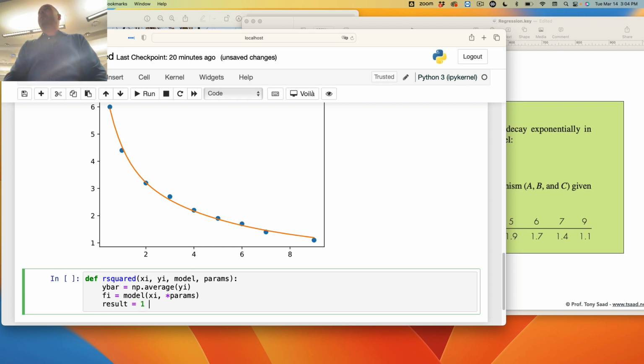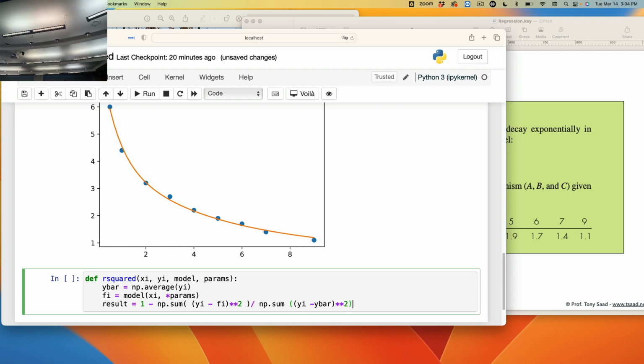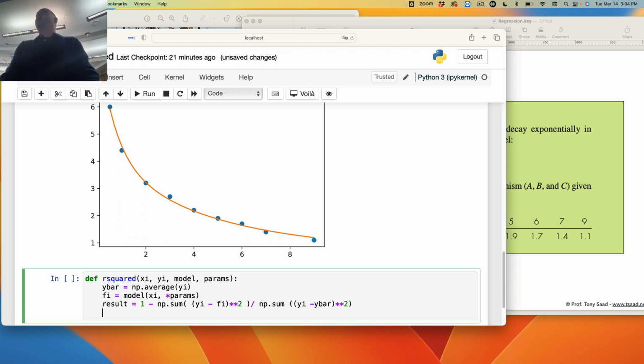This is 1 minus numpy dot sum of (yi minus fi) squared, over numpy dot sum of (yi minus y bar) squared. Remember, we're trying to assess if the regression is better than using the mean to describe the data. That's what the R² value does for you. Then return result.